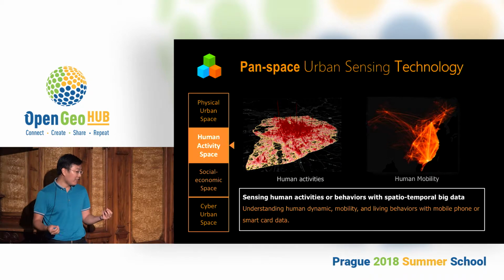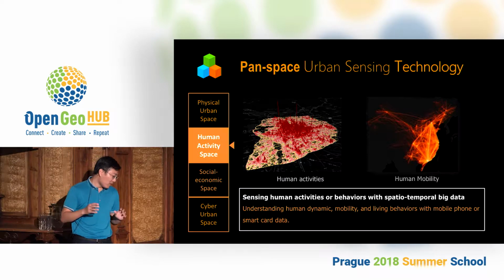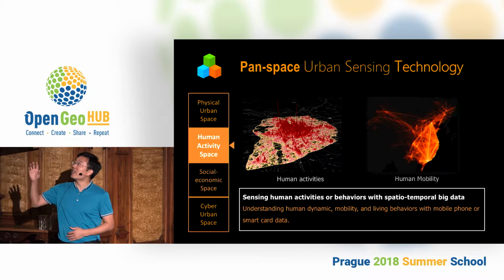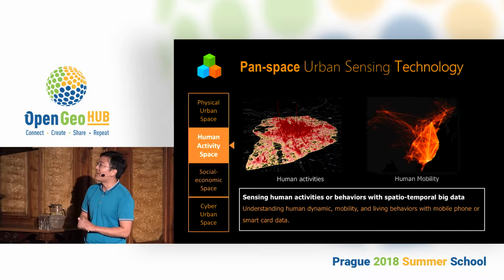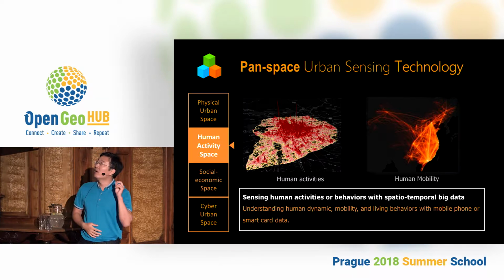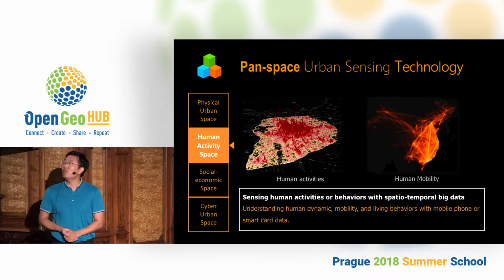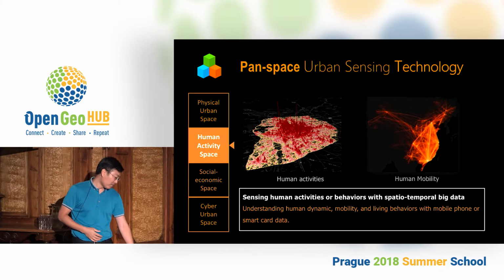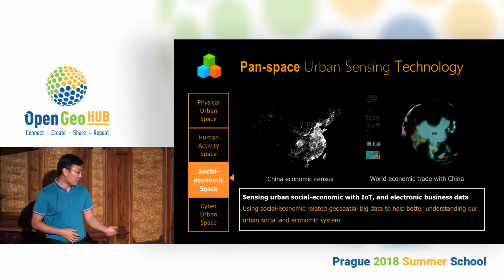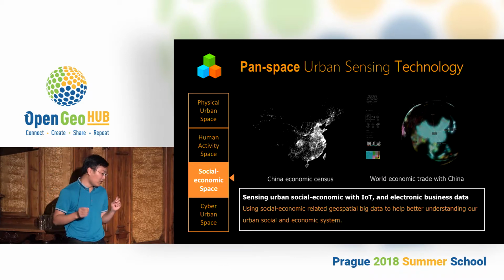Second is human activity space, meaning sensing human activities or behavior with spatial-temporal big data. The target is to understand human dynamics, mobility, and living behavior using mobile phone and smart car data.